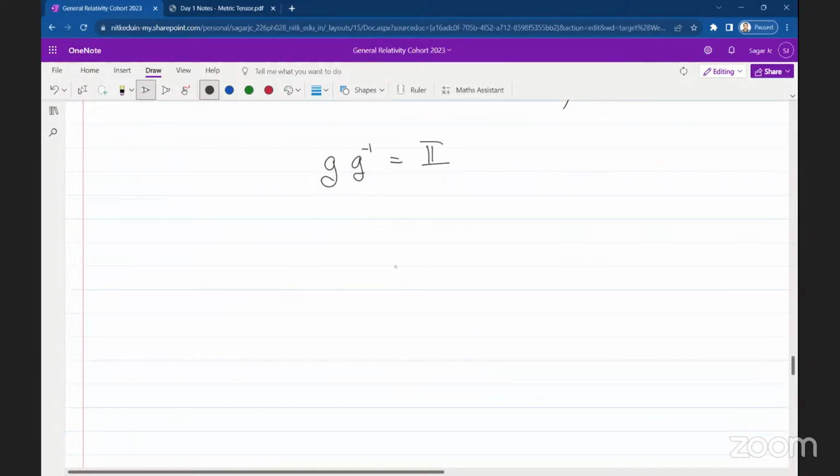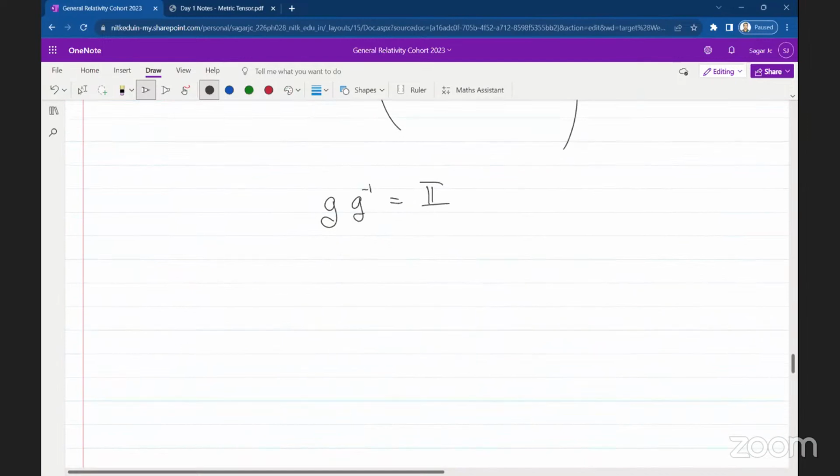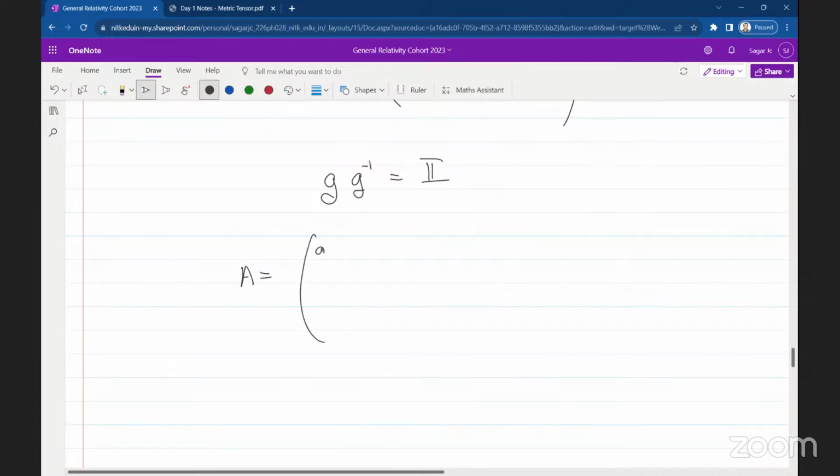Now, how is matrix multiplication done? Tensor multiplication is similar to matrix multiplication. We know any matrix A with entries A11, A12, A21, A22, and some other matrix B with entries B11, B12, B21, B22.